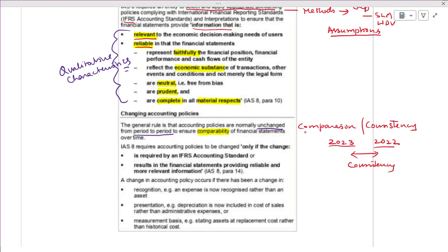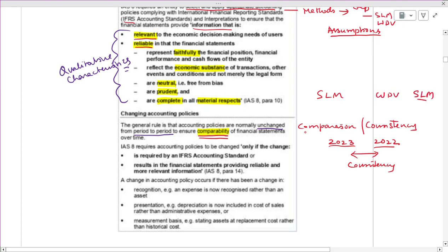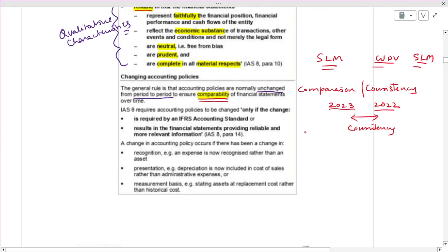You should avoid that. Otherwise it will be very difficult for us to make a comparison. One year we use the straight line method, next year the reducing balance method, again in the third year the straight line method. Profits will fluctuate. That is the reason for comparison and consistency.